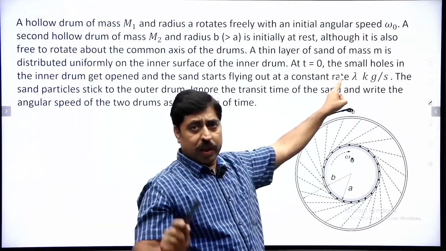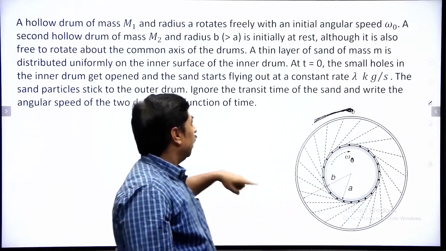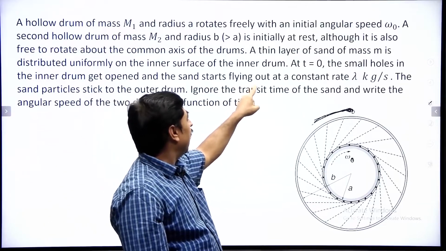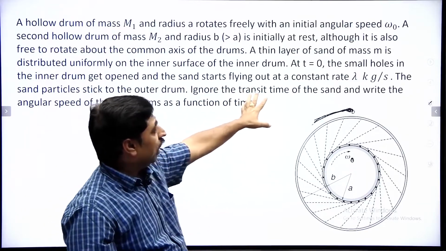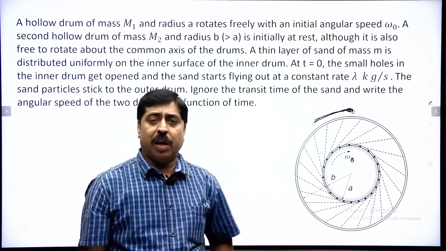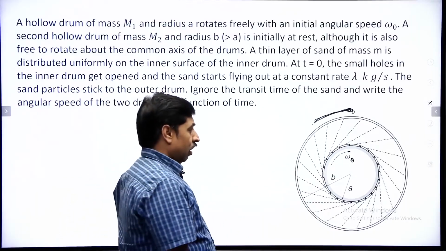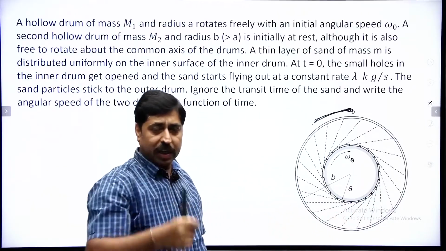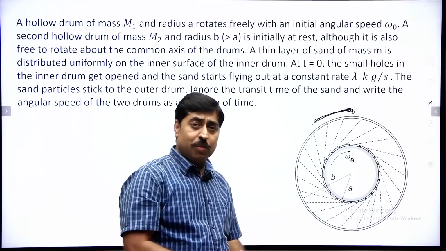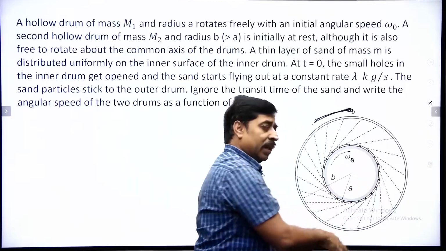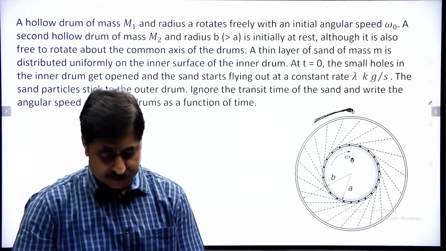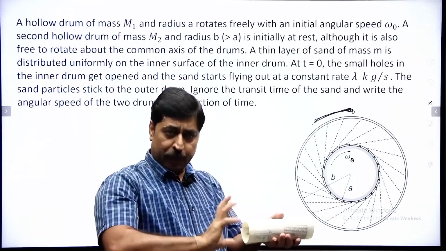At time t equal to 0, the small holes in the inner drum get opened and the sand starts flying out at a constant rate of lambda kg per second. This drum has some narrow pores, tiny holes, and at time t equal to 0, these holes get opened.